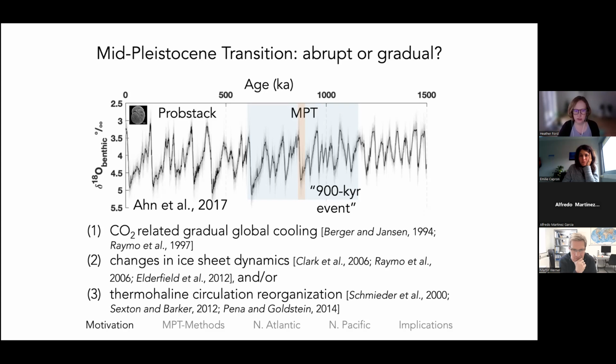And some other things that might be related to either of those factors is thermohaline circulation reorganization, because those high latitude processes, cooling, ice margins, are really important for how we think about deep ocean circulation, how it forms, and how it moves around the globe.